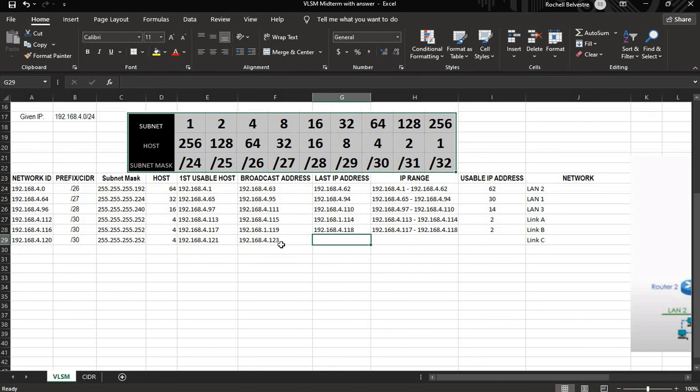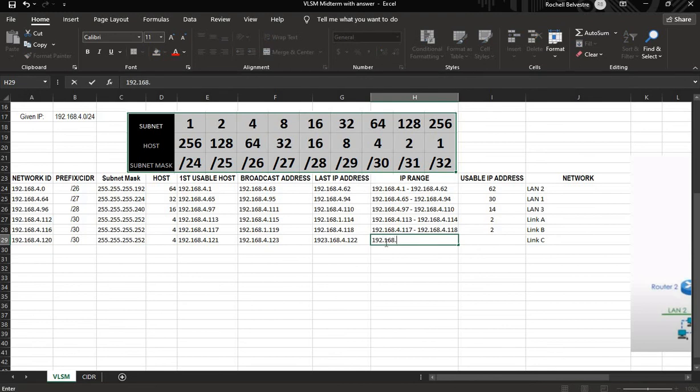So that is our formula for the broadcast address. And our last IP address is the broadcast address minus 1, so this will become 192.168.4.122. Again, we have 2.